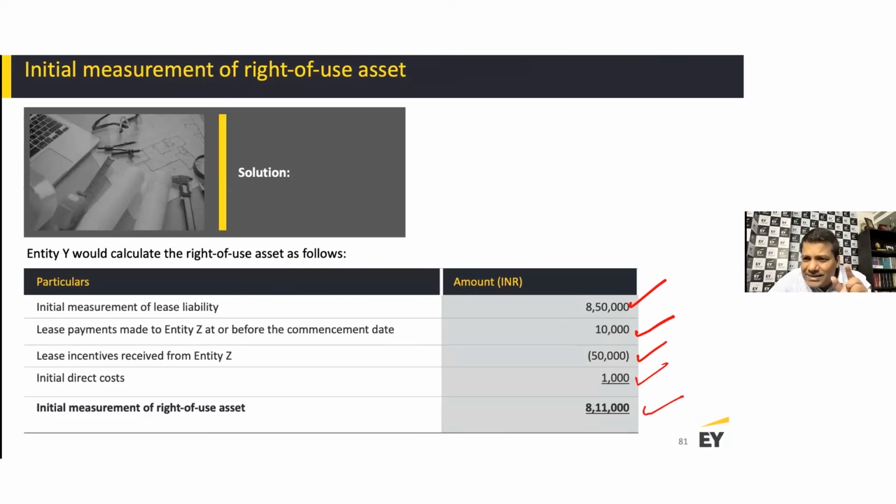Okay, the lease incentive which I received, 50,000, that has to be reduced. Everything else I need to add, and this I need to reduce. That number gives me 8,11,000. Okay, that's the right of use asset.